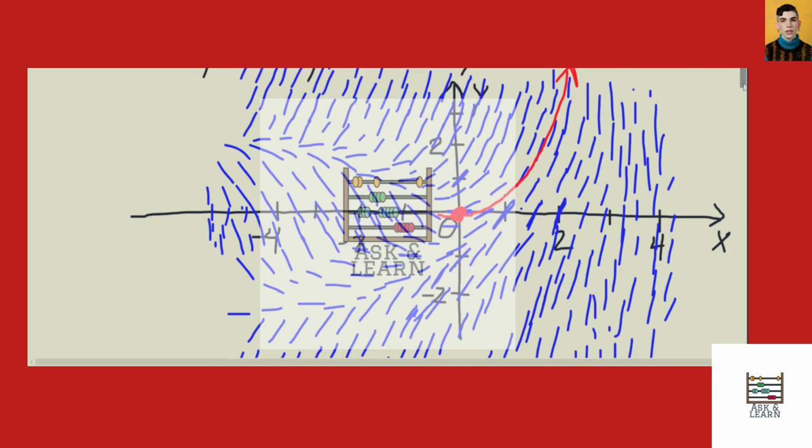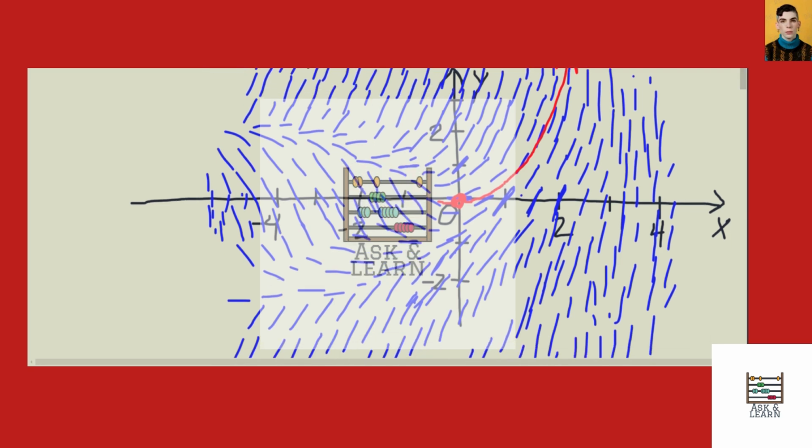Essentially, this means that the function is getting pushed upwards until it reaches a point where it has zero slope, and then it begins to be pushed downwards again. So this is one direction that it can go.